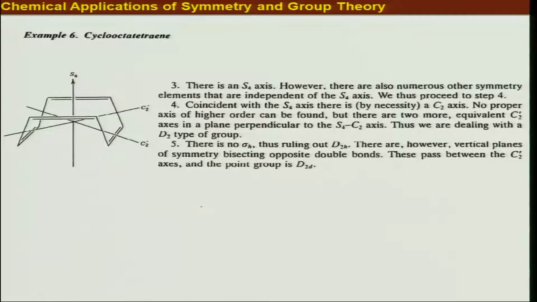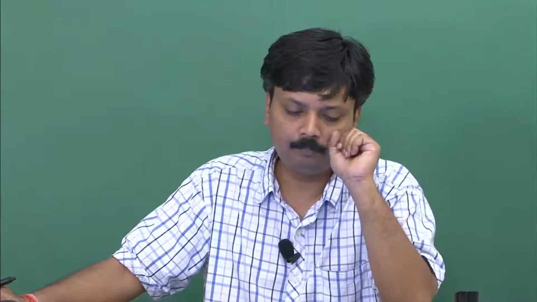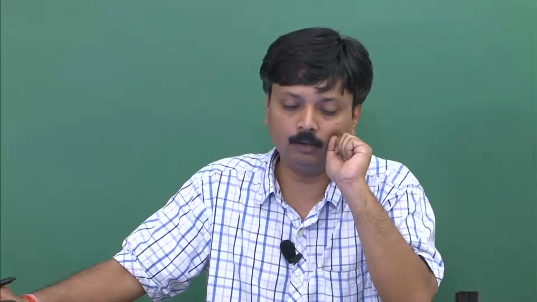For that you can use the Lewis structure and apply VSEPR theory and find out the structure and the shape. Only then can you actually visualize the symmetry operations that may exist in those molecular structures.